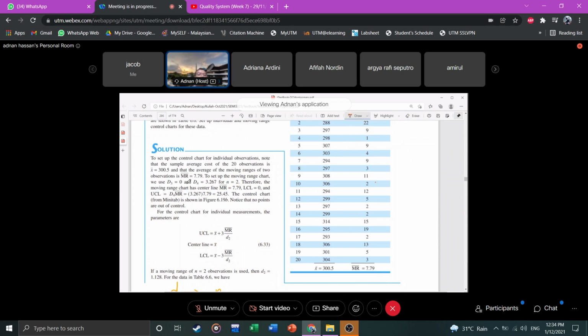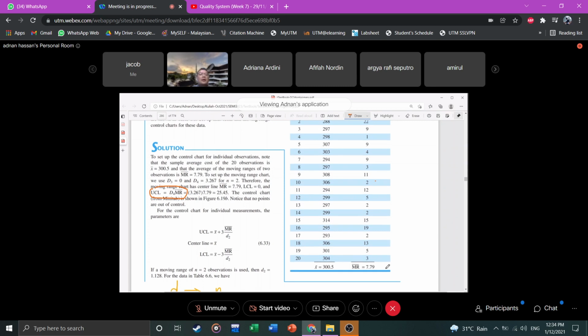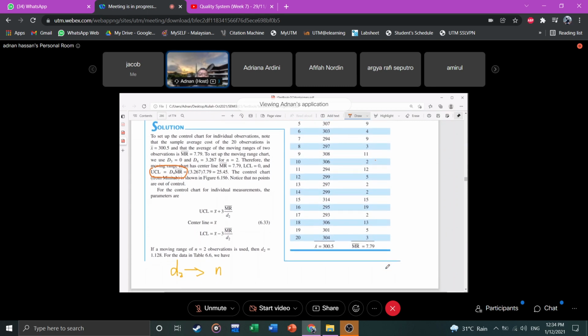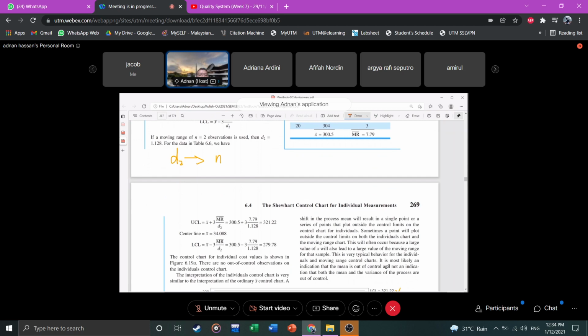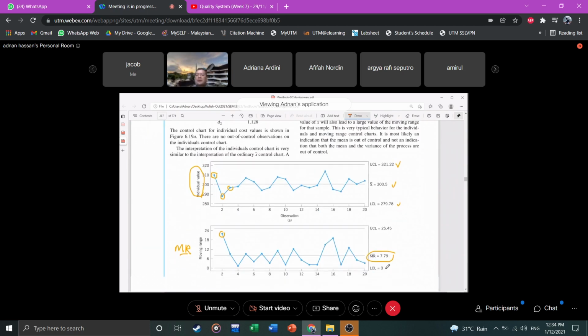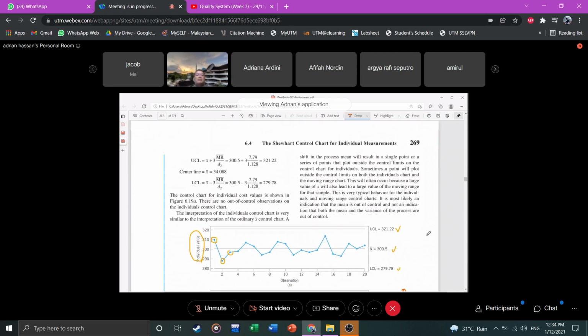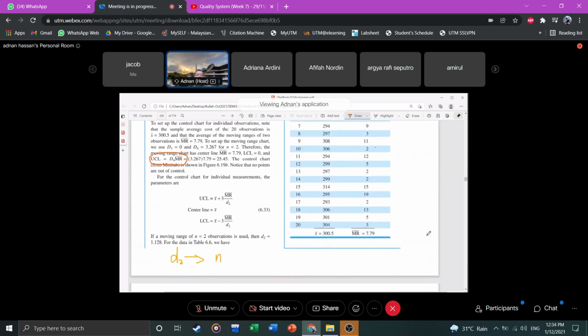What we have here, the moving range, D4. This one is D4. D4 multiplied by MR.